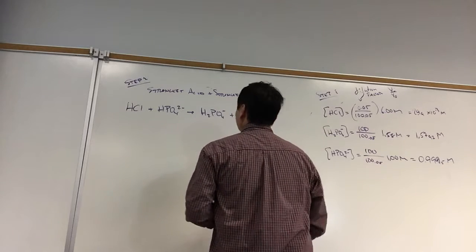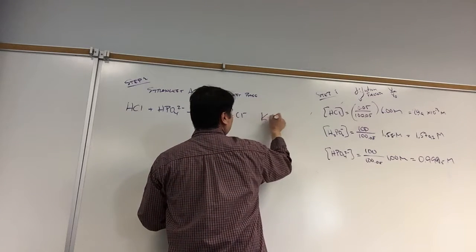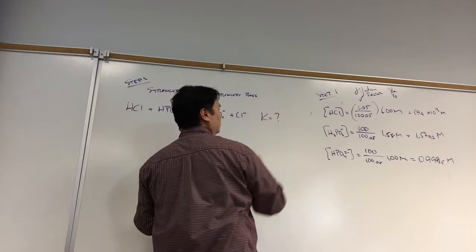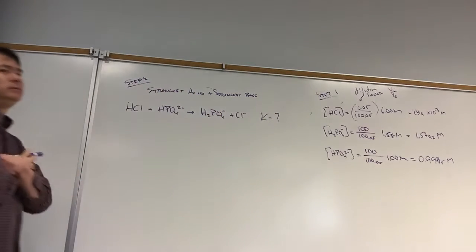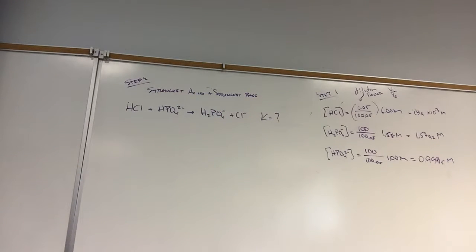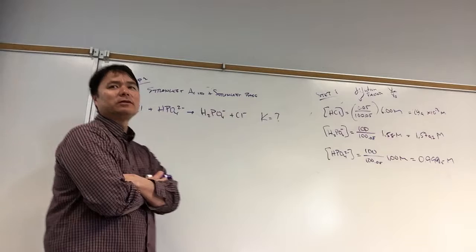Now, this should be the biggest K, but what is the K value for this? We don't know, but you can estimate it. What would your estimate for the K value for this be? Just qualitative.